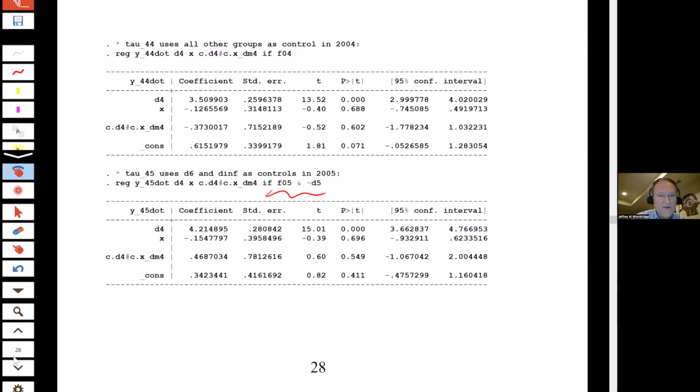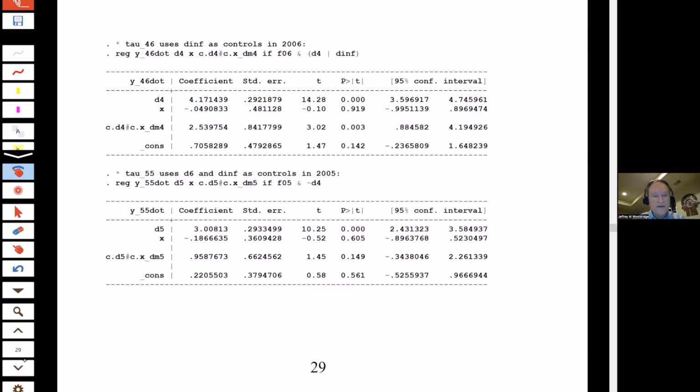Okay, so what I'm getting is the estimated effects are these things here. I'm just doing this cross-sectional regression and so on. This is the estimated effect in period 6 for the cohort that's first treated in period 4.